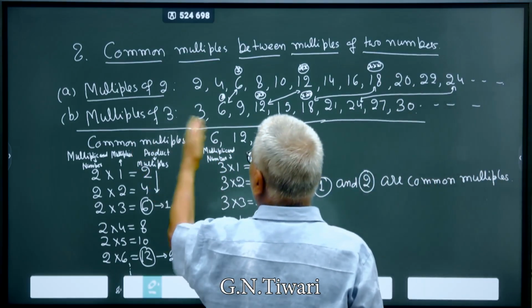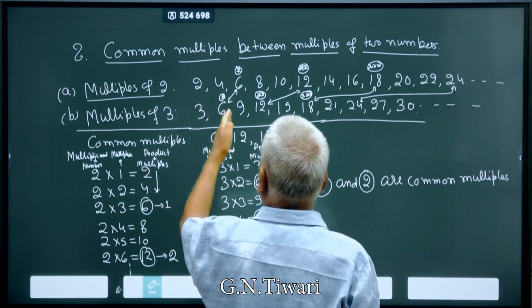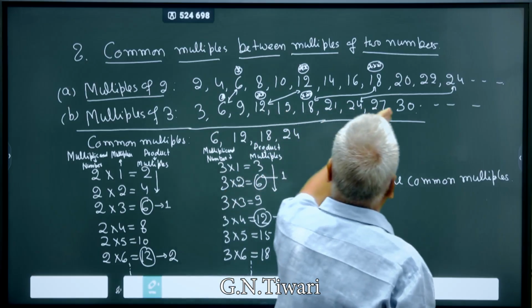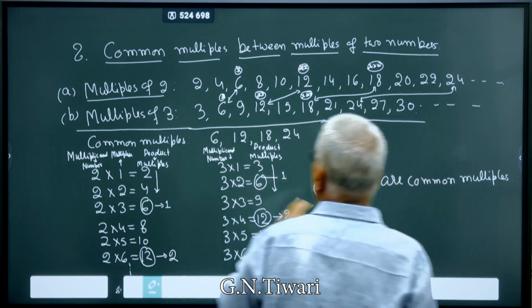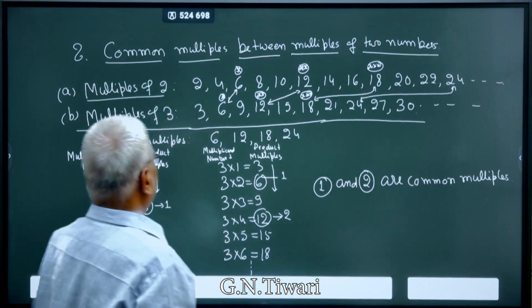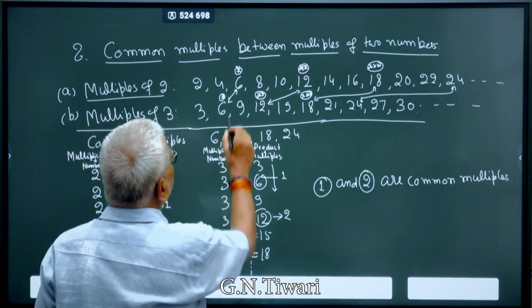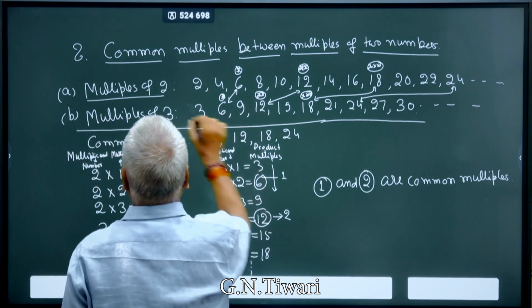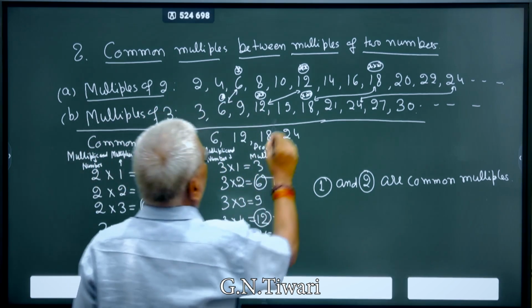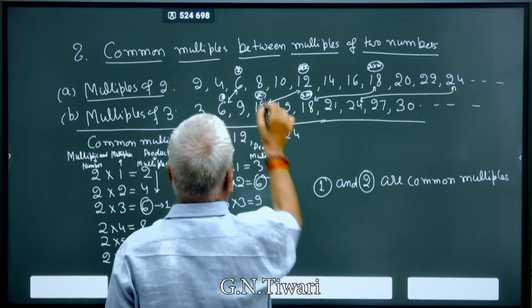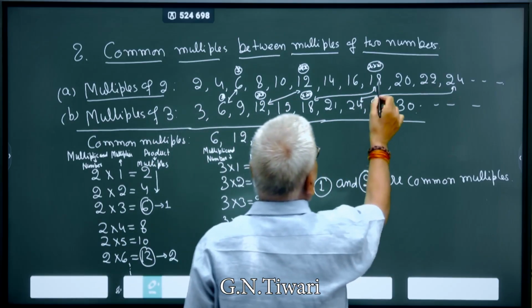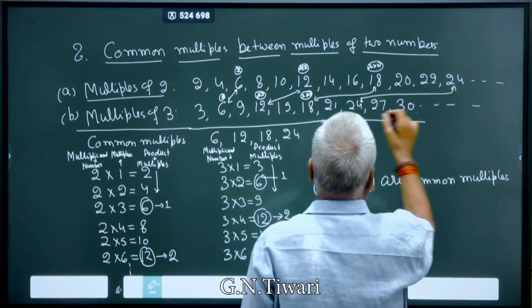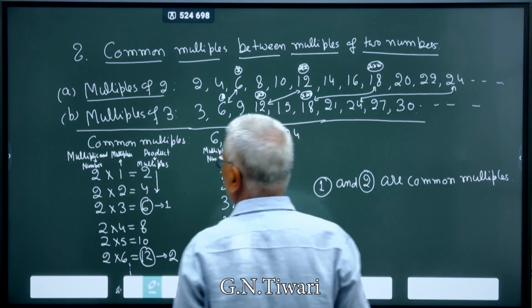And multiples of 3 also, 3 1 is 3, 3 2 is 6, 3 3 is 9, and 3 10 is 30. Now just see. What are the common multiples out of that? The common multiple is 6, coming in multiples of 2 as well as here. 12 is coming in both multiples, then 18 is coming in both multiples, and 24 is coming out. These are the common multiples.